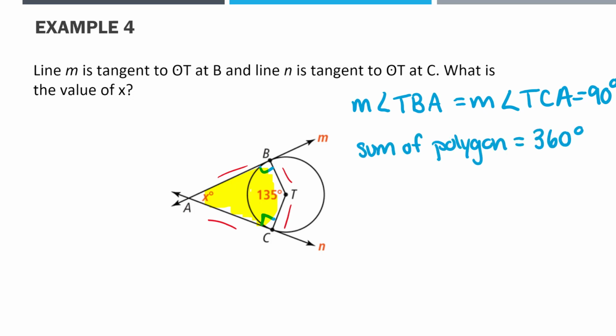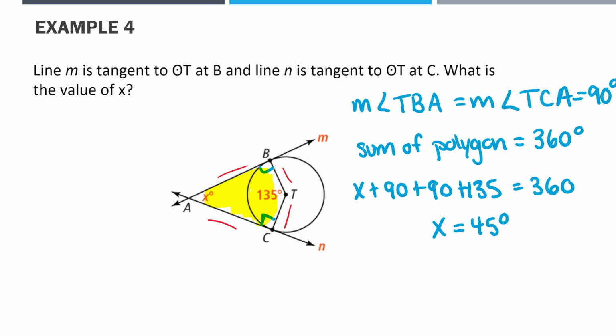Therefore, if we want to solve for the angle x, we will add x plus 90 plus 90 plus 135 and set that equal to 360. Then we will solve for x. We end up getting x is equal to 45.